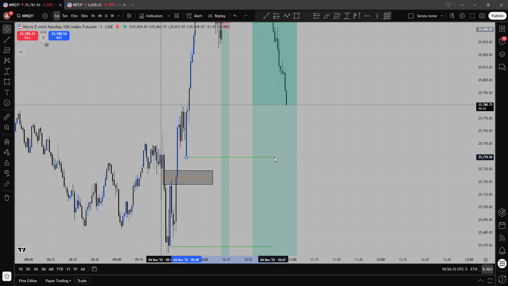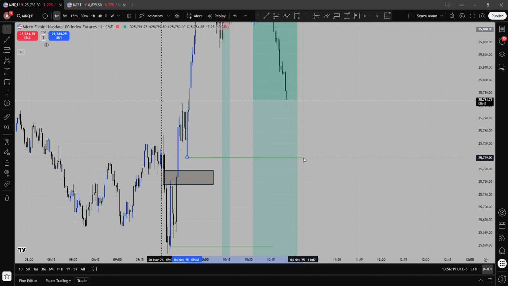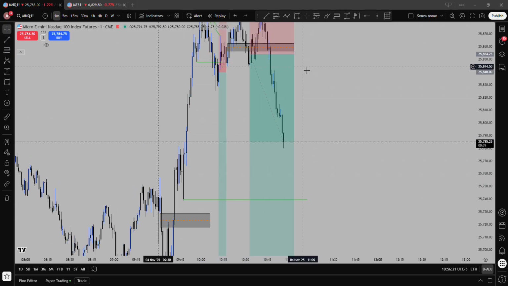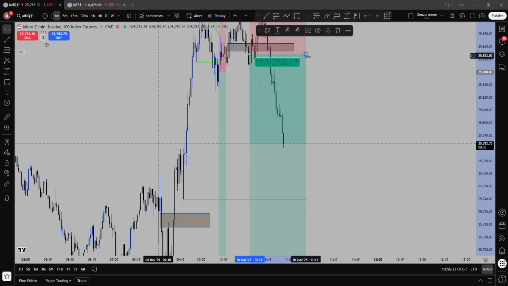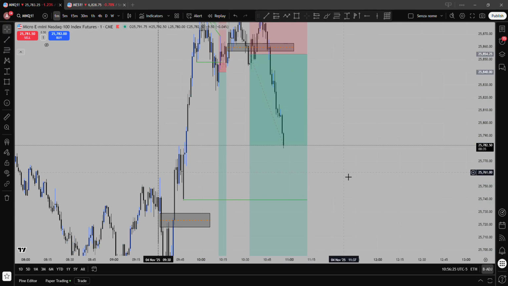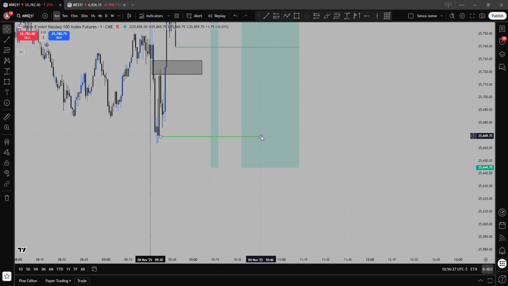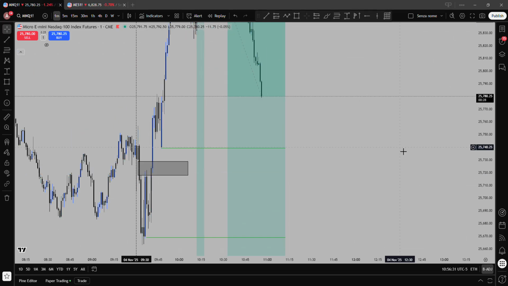Our first take profit is this one. Hopefully we can end up getting this without too many troubles. After this I will put the break even, and then we have this one, and this is the last.